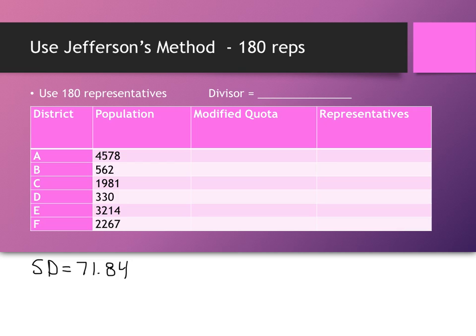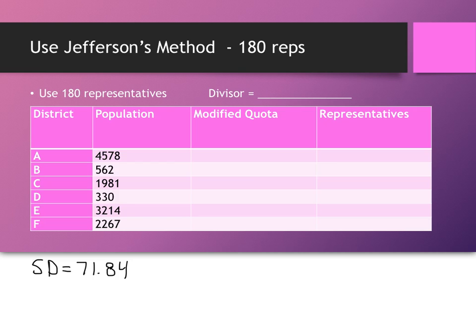Alright, so hopefully you did that. I wrote the standard divisor here as 71.84. Our divisor, remember, is going to be less than that in Jefferson's method.